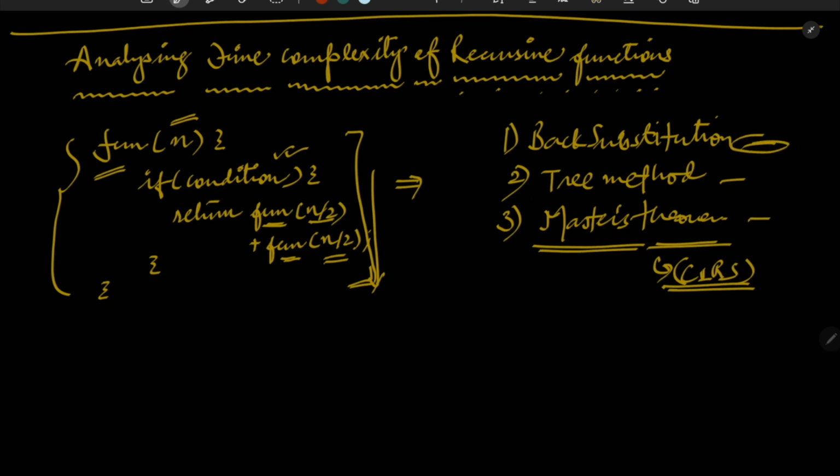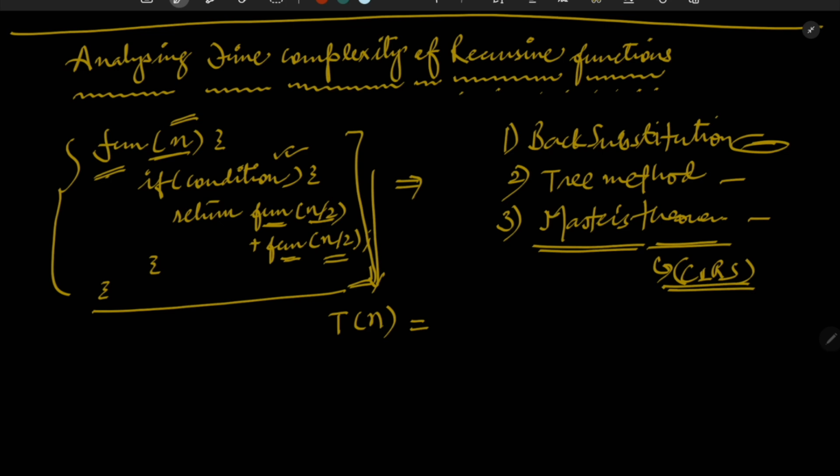In order to work with back substitution, we translate the recursive algorithm into a recurrence relation in terms of the time taken. Let's say that the time taken to execute the function fun with input n is T(n).